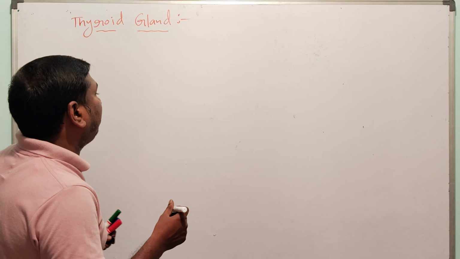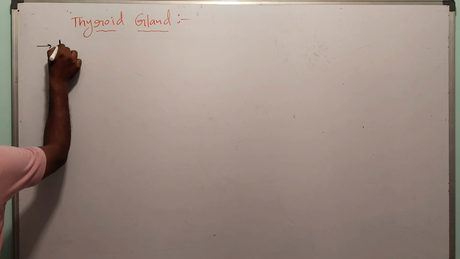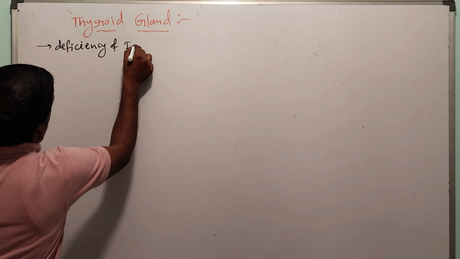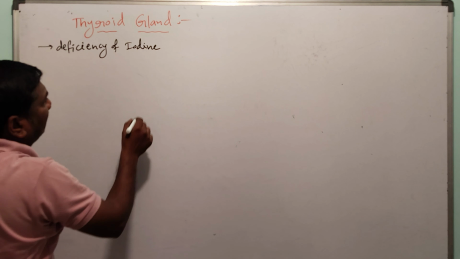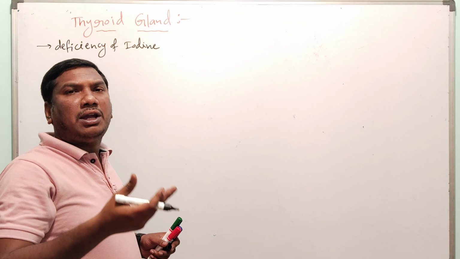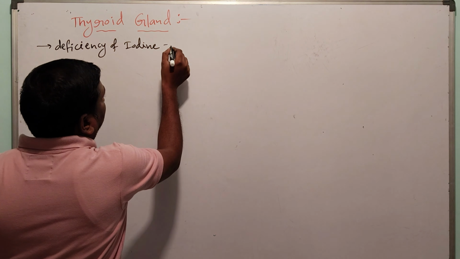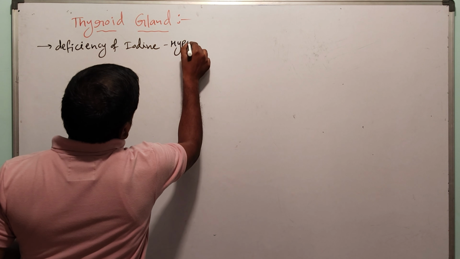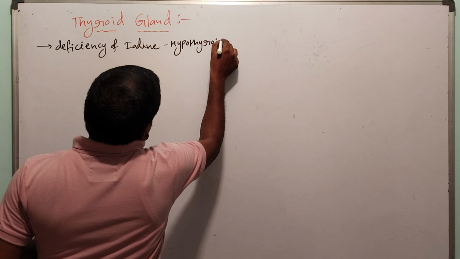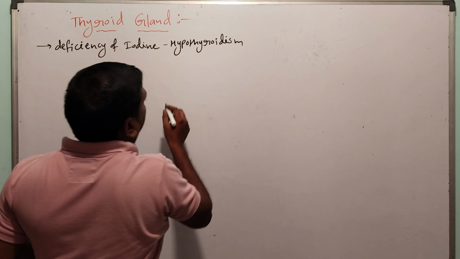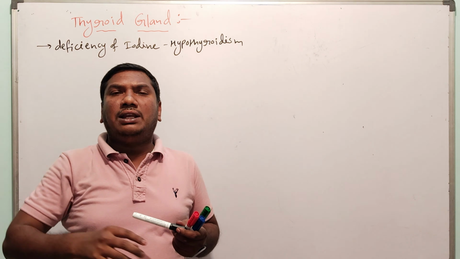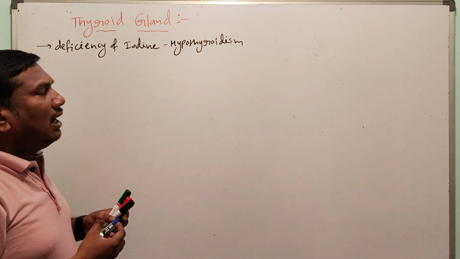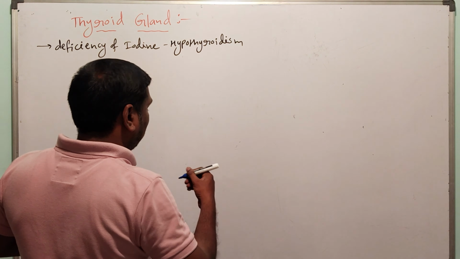Deficiency of iodine in our diet results in hypothyroidism. Hypothyroidism means less secretion of thyroid hormones.